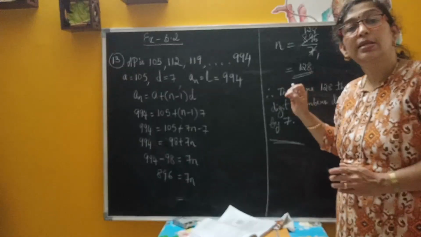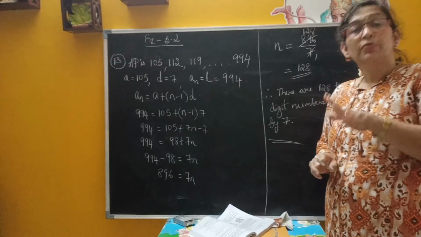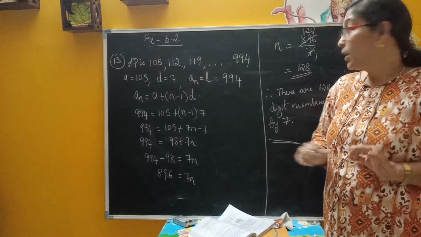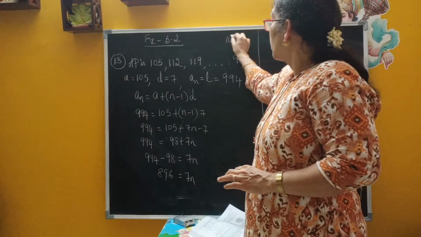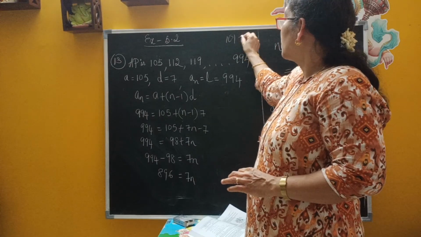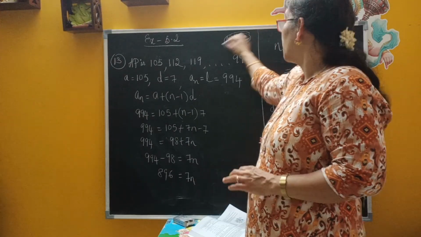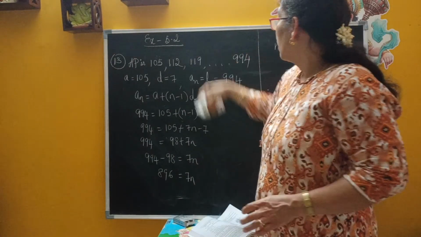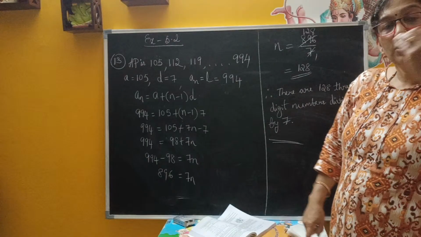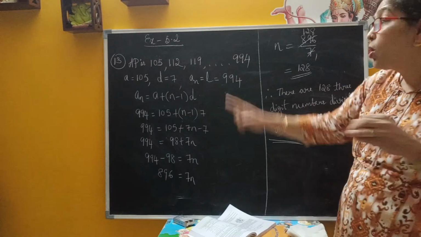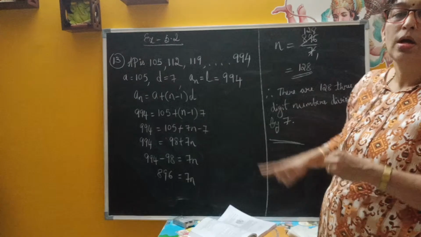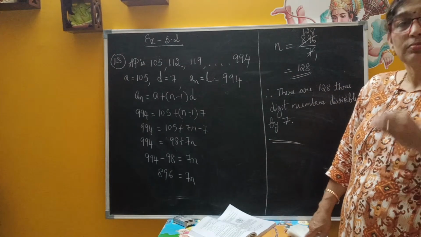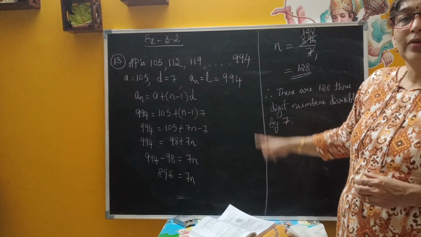Actually, it is easy to find the multiples of 3, isn't it? Because if you just add up the digits in that number, you will come to know. If it is 101, it is 1 plus 0 plus 1, which is 2. It is not divisible by 3, so the number is not a multiple of 3. For 2 it is also easy because they should be even numbers: 100, 102, 104, 106. All even numbers are divisible by 2. So this is the way you can find the answer.